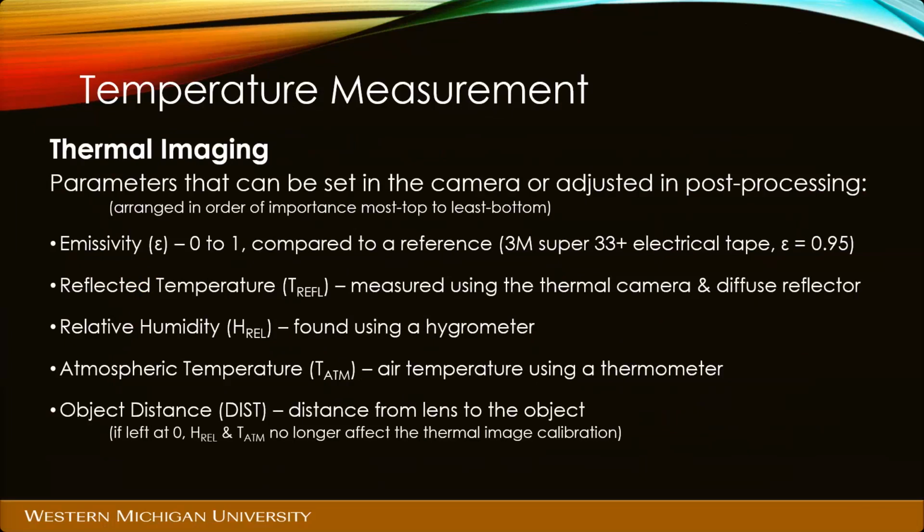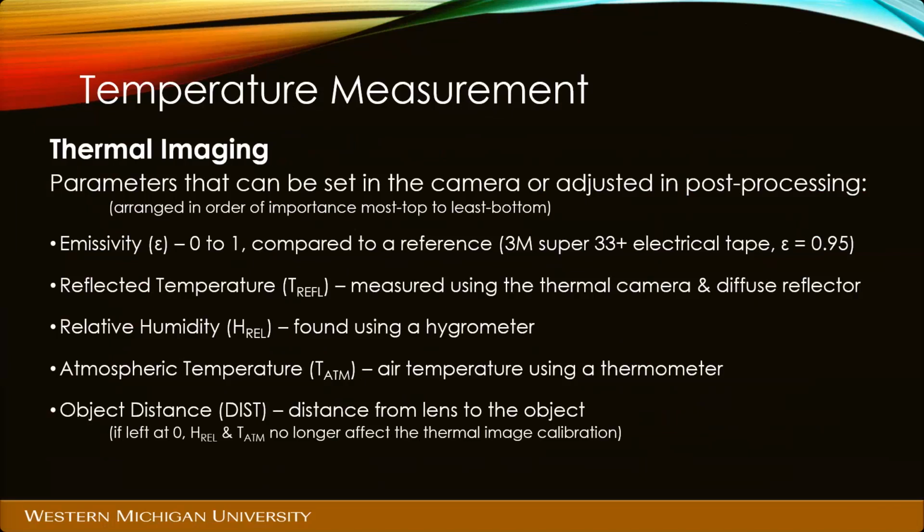So the first one is emissivity. This is a scale of 0 to 1, and we have to compare it to a reference. This is how much of the infrared energy contacting a surface, depending on the surface treatment, is reflected, how much is absorbed, and then re-emitted from the surface, right?